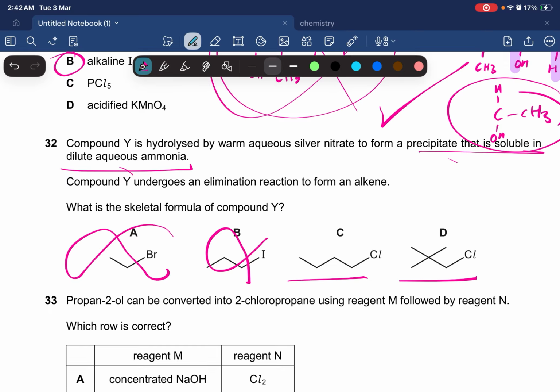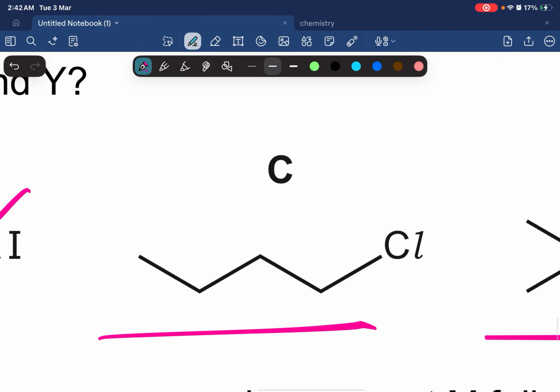Now compound Y undergoes elimination reaction. Elimination means that you can take out the halogen from the alpha carbon and hydrogen from the beta carbon to make an alkene. So over here, this is my alpha carbon and this is my beta carbon.